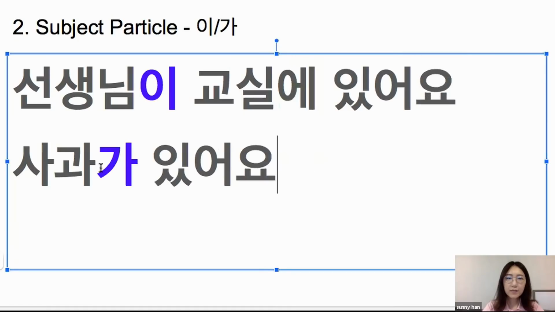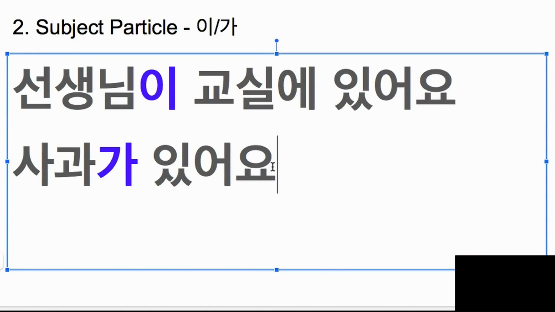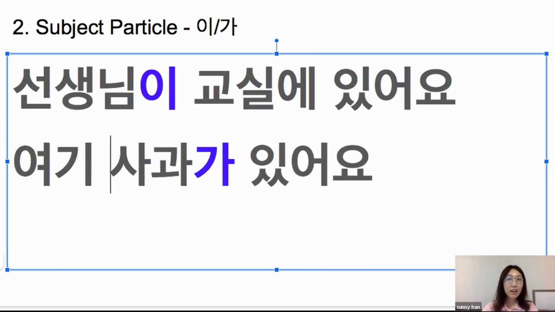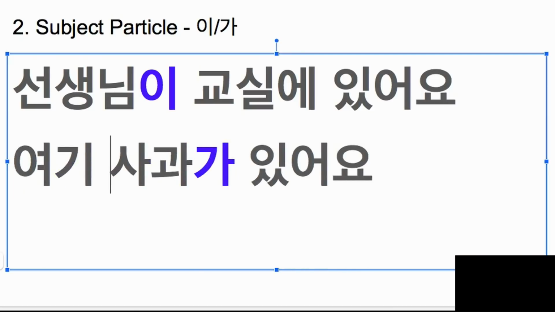그다음에 apple. There is an apple, right? 사과가 있어요. 여기 사과가 있어요. Here.